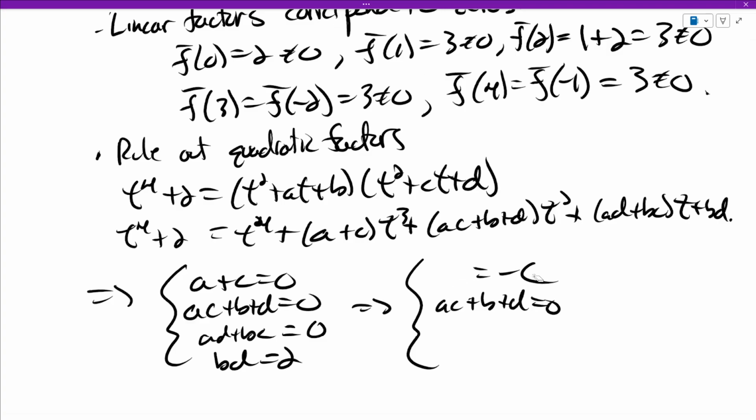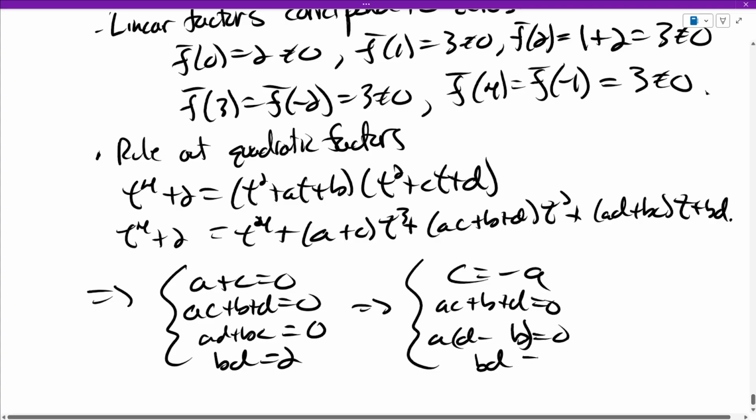I'm going to write this as c is negative a, sorry. So we'll plug in c equals negative a, and we're going to get AD minus AC is 0, or AB is 0, rather. And actually, let's go ahead and factor out the a from that. So a times d minus b is 0. And BD is equal to 2.